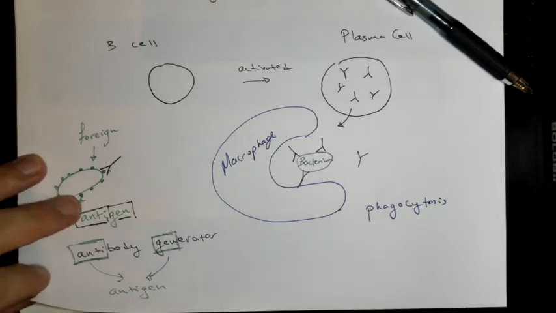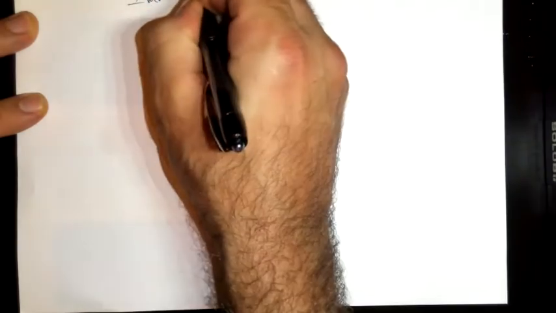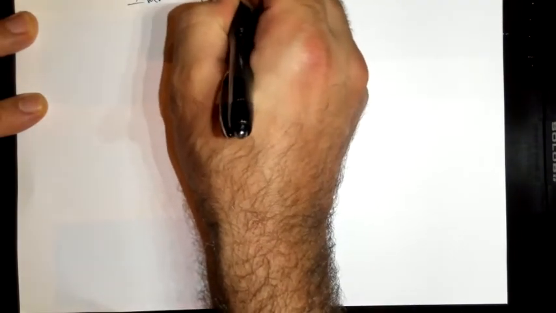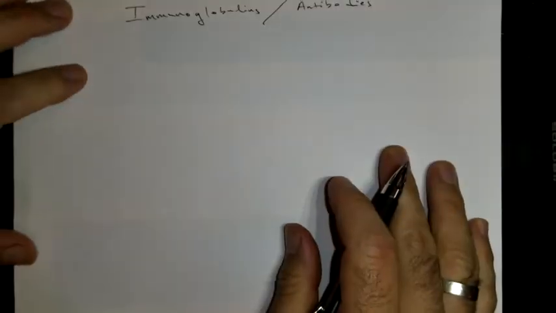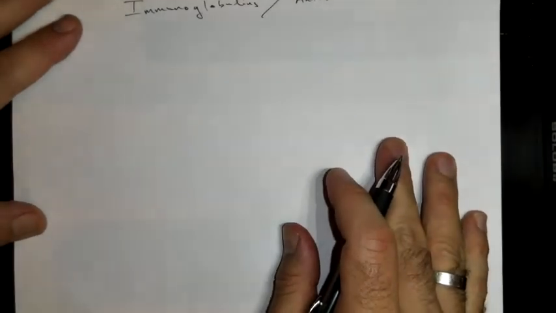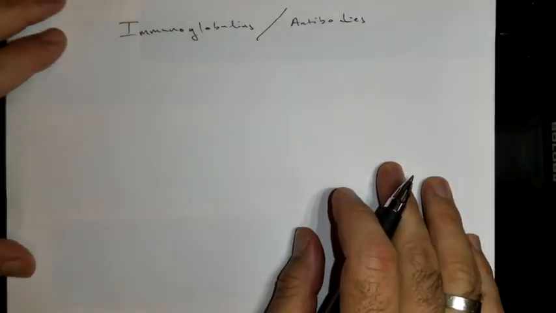So the second thing to understand before we start our blood typing is to also understand that there are different classes of immunoglobulins. And there are several different classes, and we're just going to refer to two of them for this particular lecture.